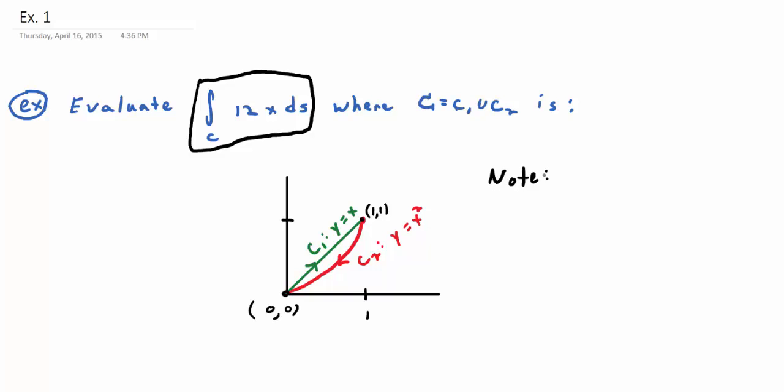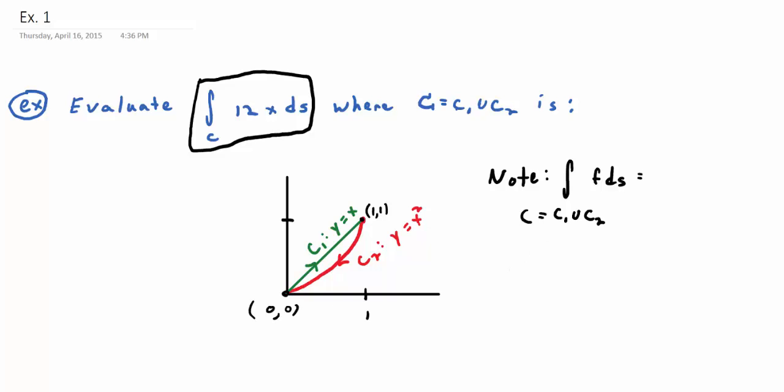As you might have guessed, if you want to take the integral over C, where C is piecewise smooth, it has pieces that are smooth but not all smooth, then the integral over C1 union C2, because that's what C is, of whatever f is, ds, you could break up into two integrals.